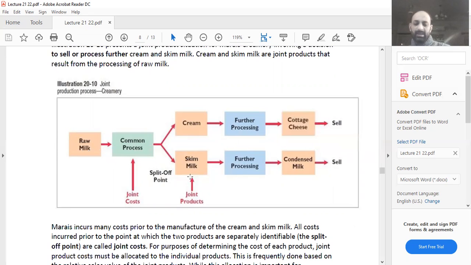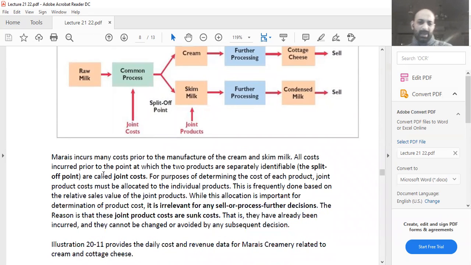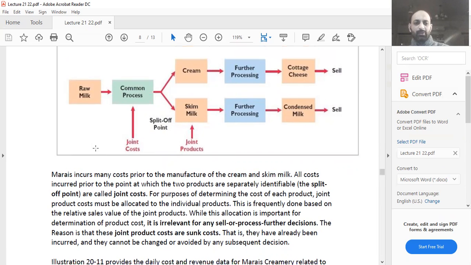Same with skim milk: if you process it further, you can get condensed milk and then sell it. All costs incurred prior to the point at which the two products are separately identifiable, which is here, are called the split-off point costs.